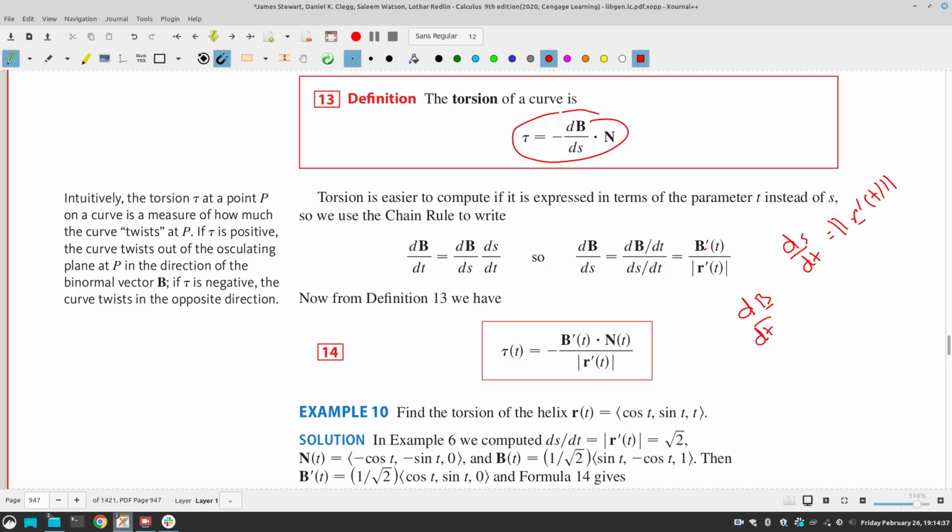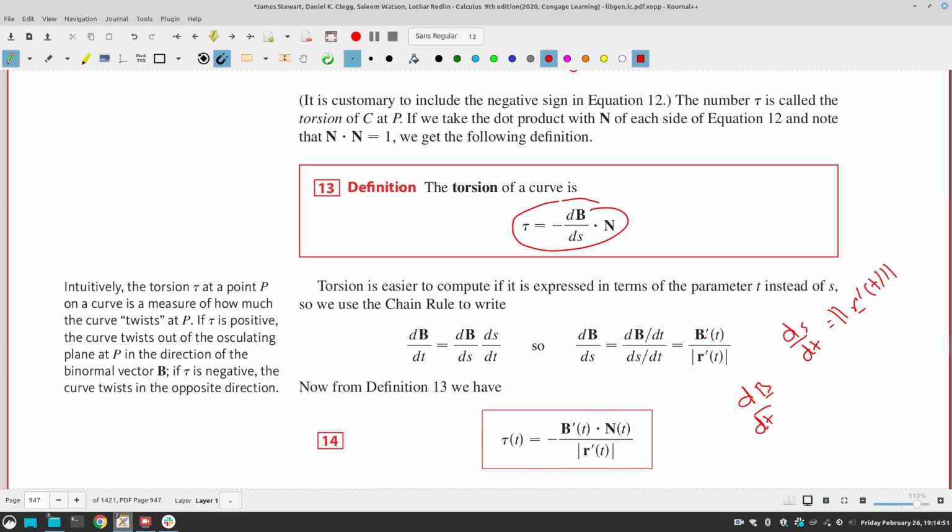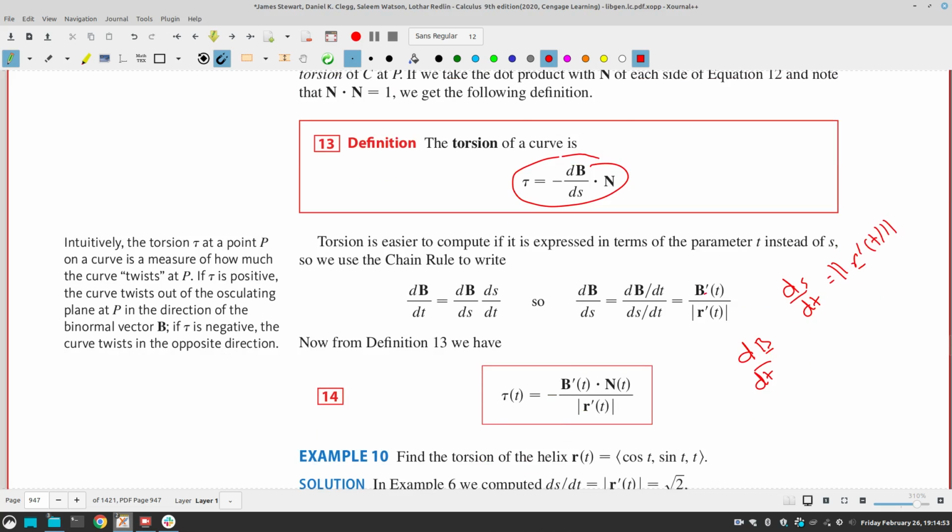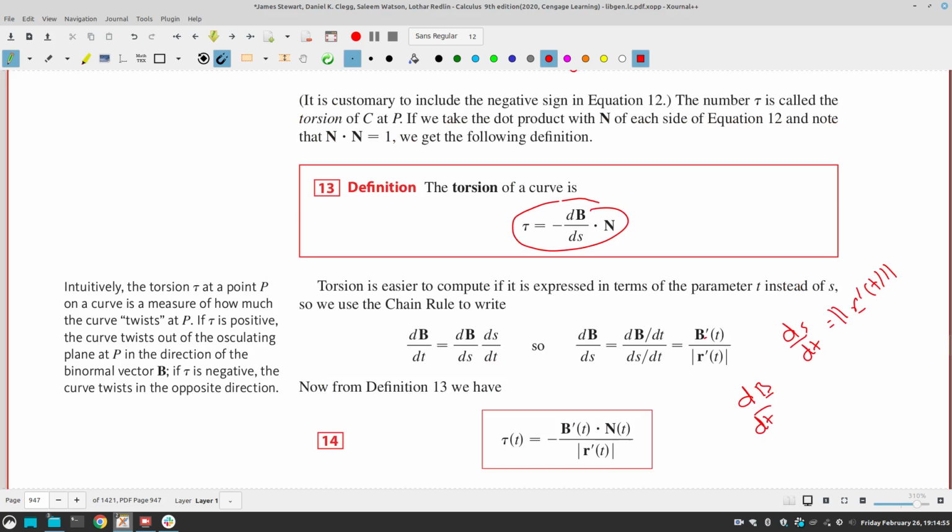So tau of t is negative B prime t dot N of t divided by the magnitude of r prime t, because B prime t divided by the magnitude of r prime t is just dB by ds, and there's a dot N here, so negative dB by ds dot N.